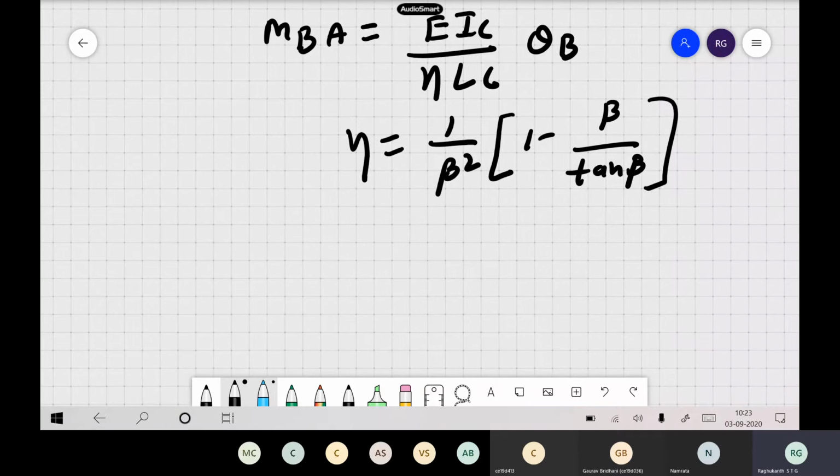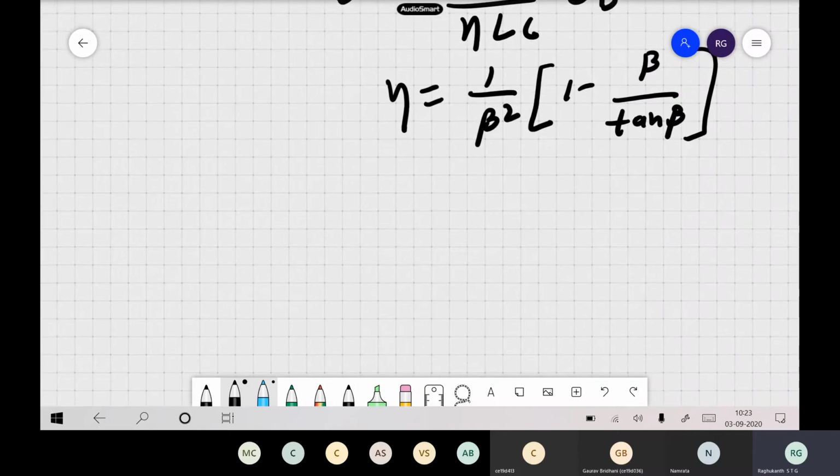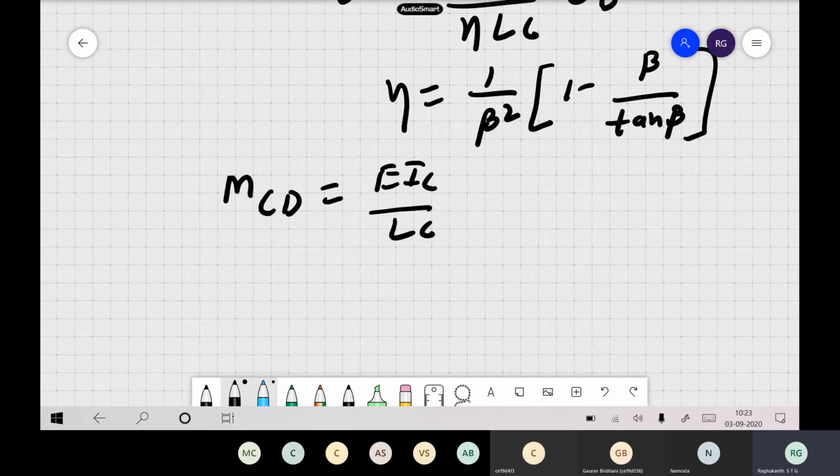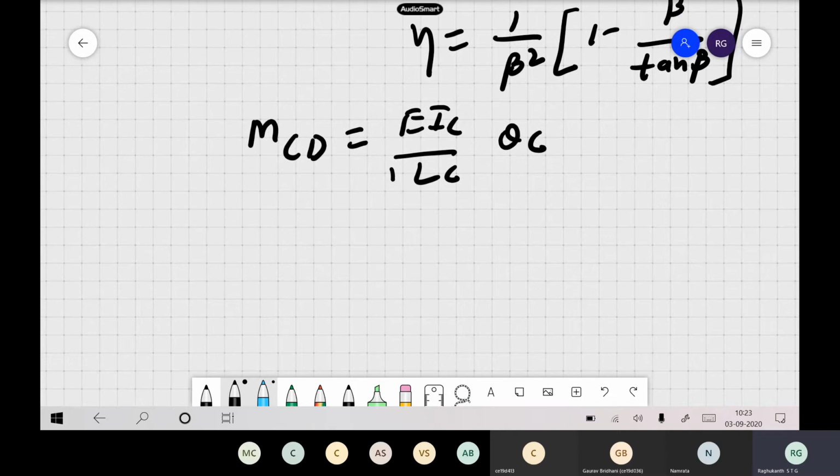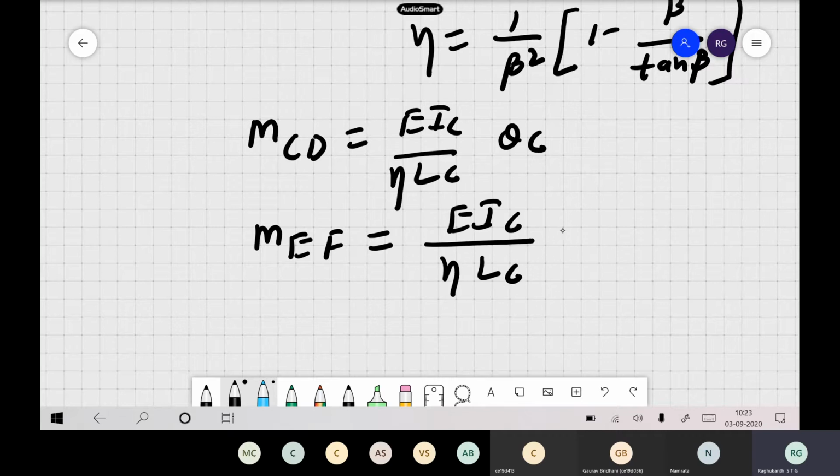Now similarly you can do for MCD because of symmetry. So MCD is equal to EIC by LC, then theta C, then eta into EIC, and MEF is also EIC by eta into LC, then theta E. So these are our slope deflection equations.